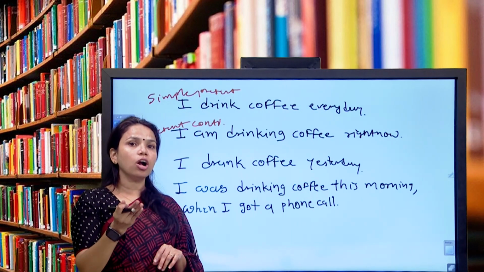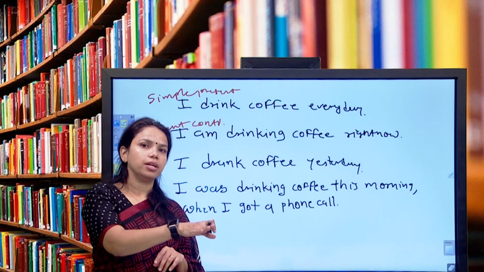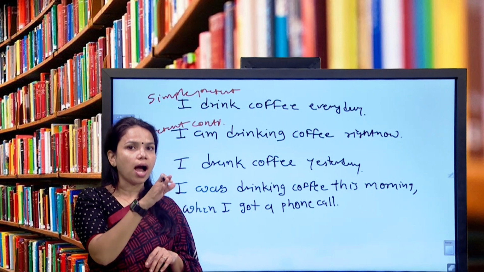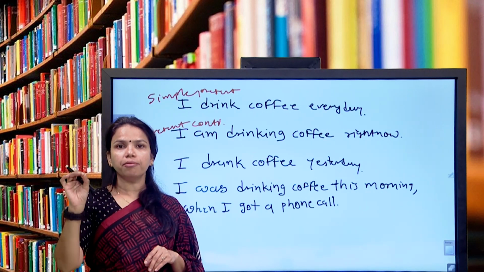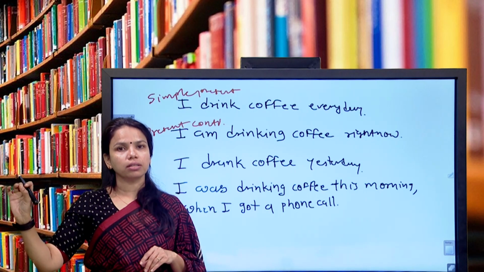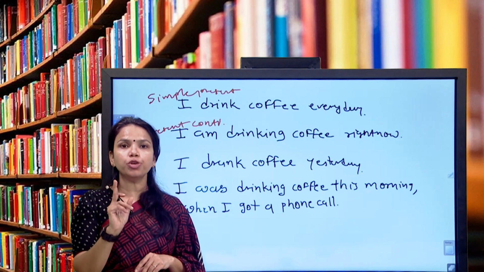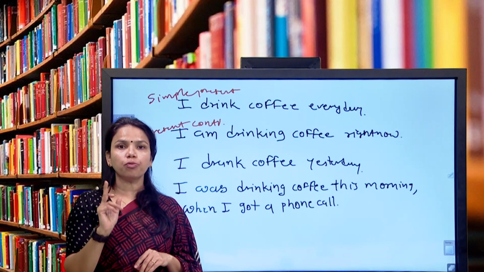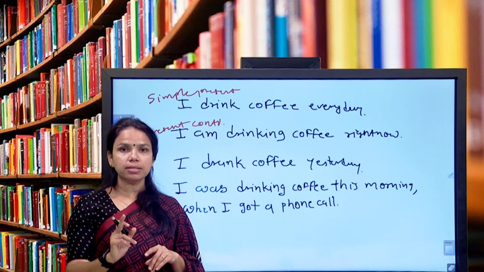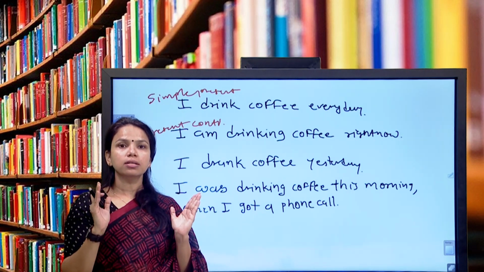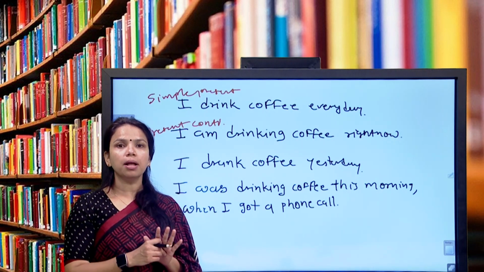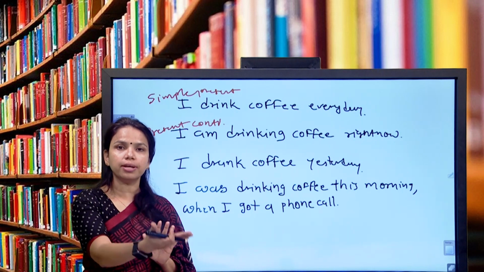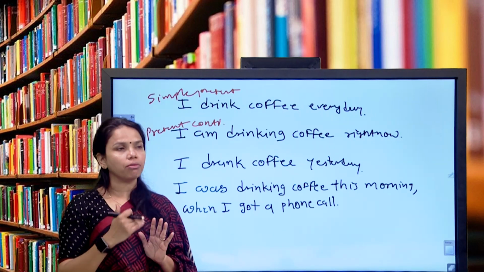I drank coffee yesterday. Yesterday, I drank coffee. Drink, drank, drunk. It is the V2 form, the past form of the verb. It mainly belongs to the simple past tense. Yesterday, I drank coffee.